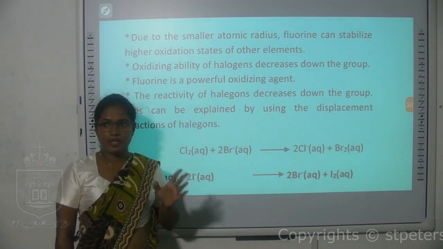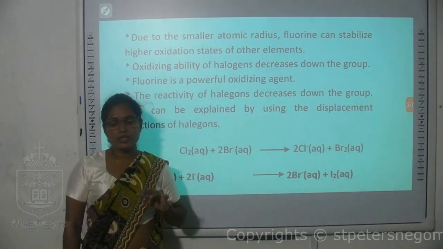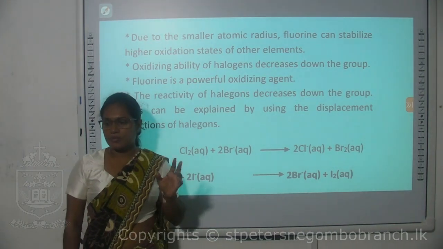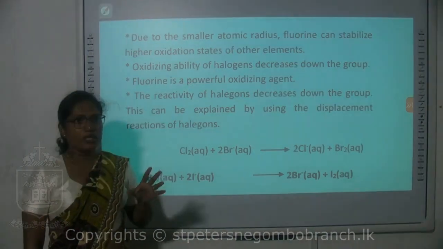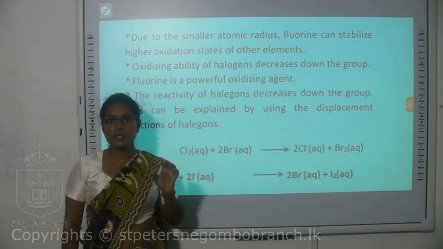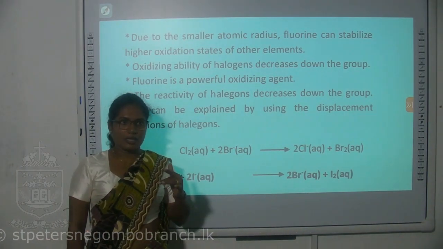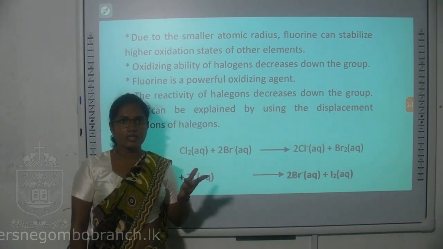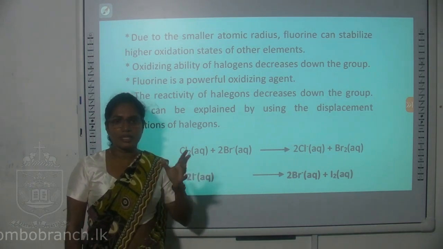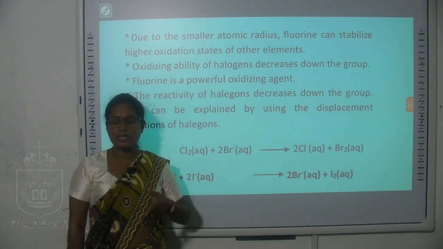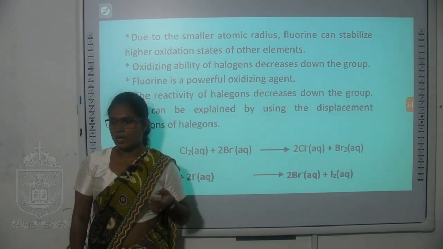Fluorine is the first element and it shows different characters than the other elements because fluorine has a very small atomic radius, and it is the most electronegative element in that group. So it shows different characters than the other elements.